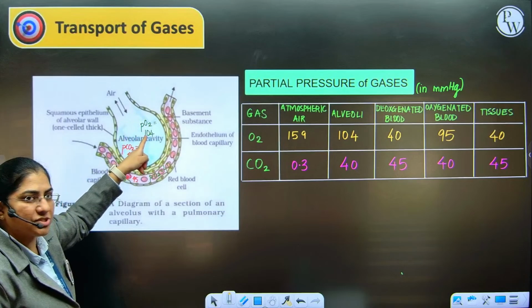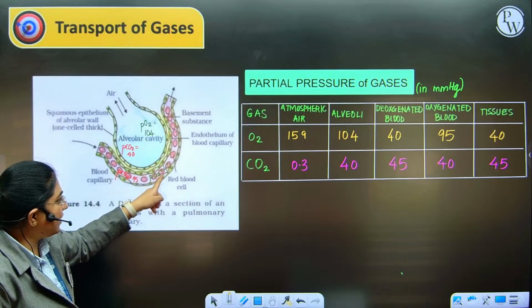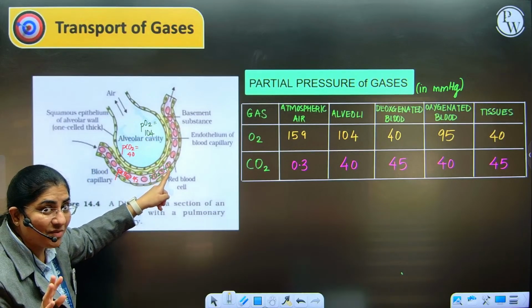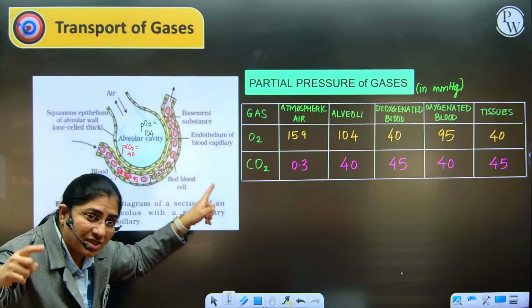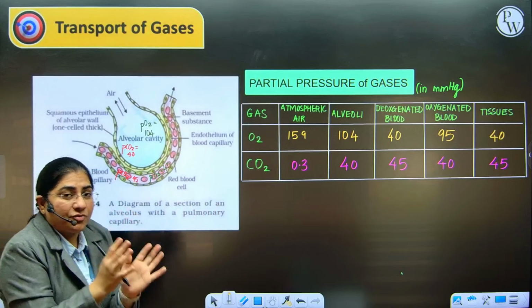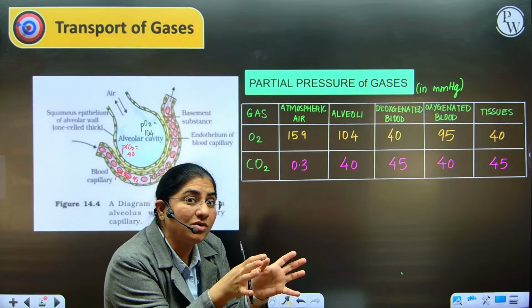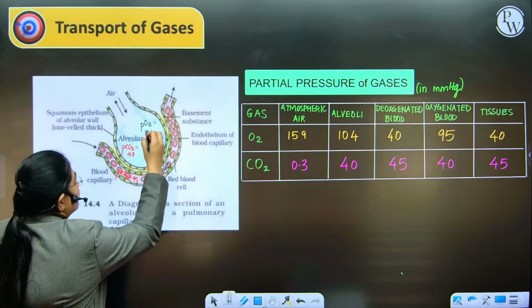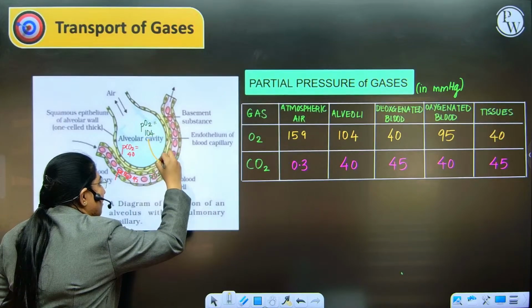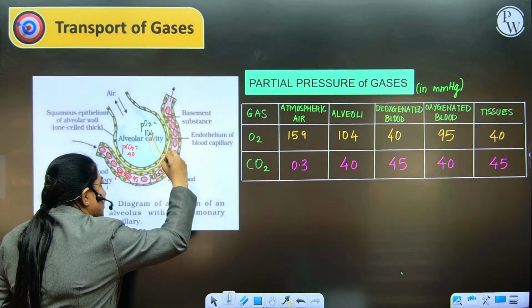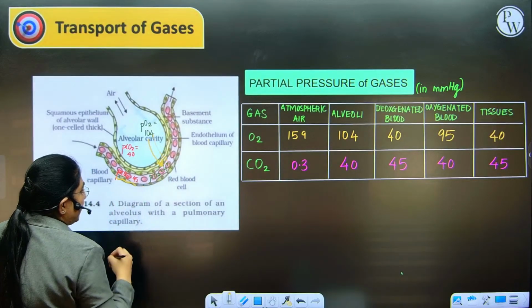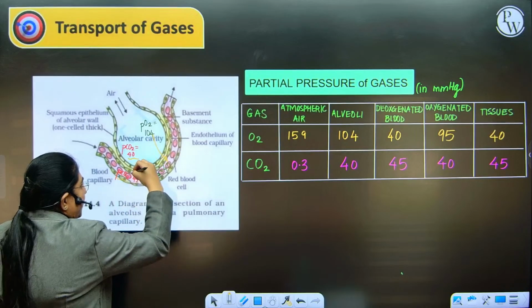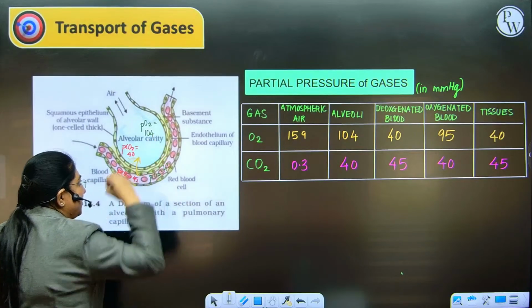Now if you just pay attention to the alveoli and the deoxygenated blood, in the alveoli the partial pressure of oxygen is 104, in the deoxygenated blood it is 40 mm of Hg. So you see, we just spoke that the exchange takes place via diffusion. Diffusion is movement from higher pressure to, yes, lower pressure. So oxygen will go from the alveoli into the blood, and carbon dioxide, in the blood is 45, in the alveoli is 40, so it will move from the blood into the alveoli.